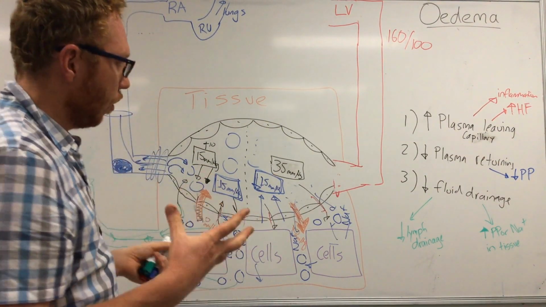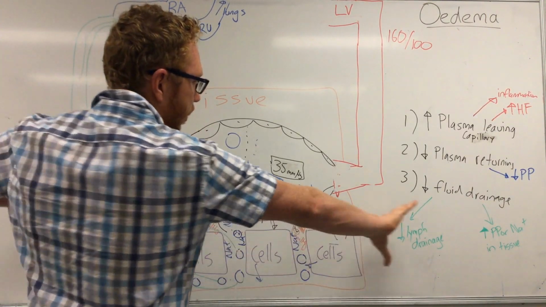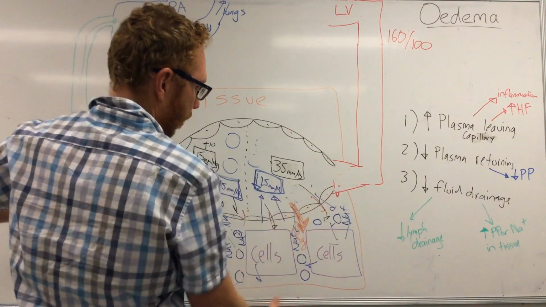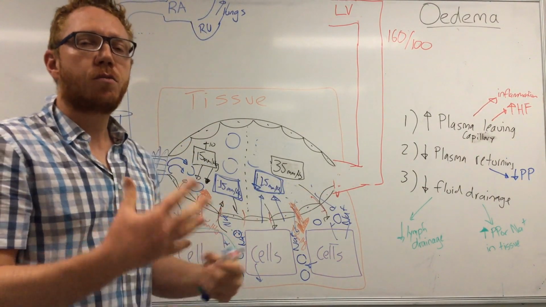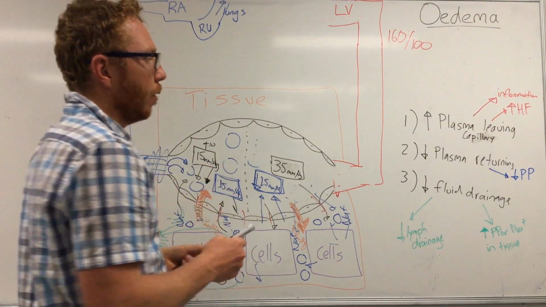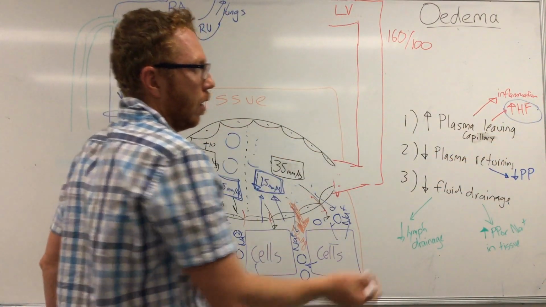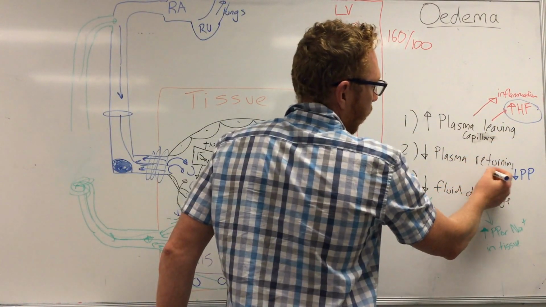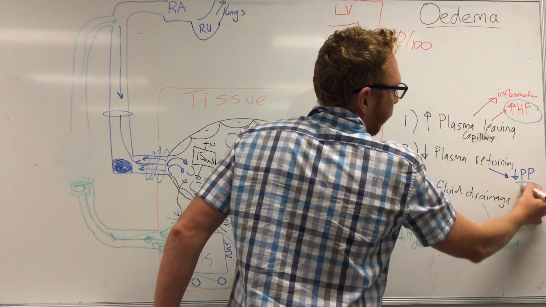And why that occurs is, as you push your finger in, all that fluid would disperse, and it would cause it to stay pushed in. Now the two main causes of pitting edema are going to be the increase in hydrostatic forces or the decrease in oncotic pressure.